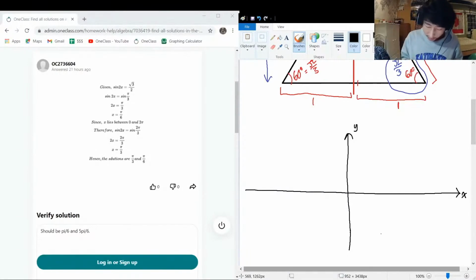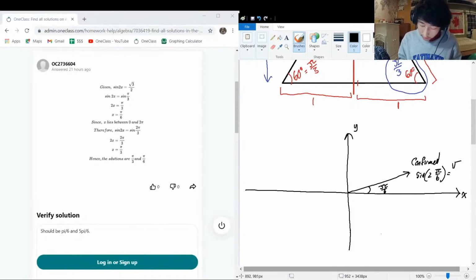We've already confirmed pi over 6, because sine of 2 times pi over 6 is equal to root 3 over 2. But we also have to think about angles that are possibly bigger than 90, bigger than 180, bigger than 270, that could also lead to an answer that corresponds to this.